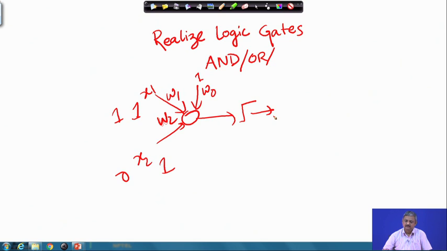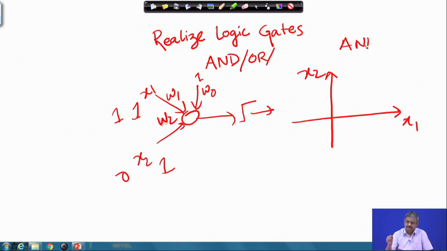That is in fact easy to understand in some sense. If we take two input logic functions x1 and x2, and for example the AND function, and draw the points for which AND is true, you will see that only 1 1 is true. The rest of the points, 1 0, 0 0, 0 1, are negative examples where AND is false.